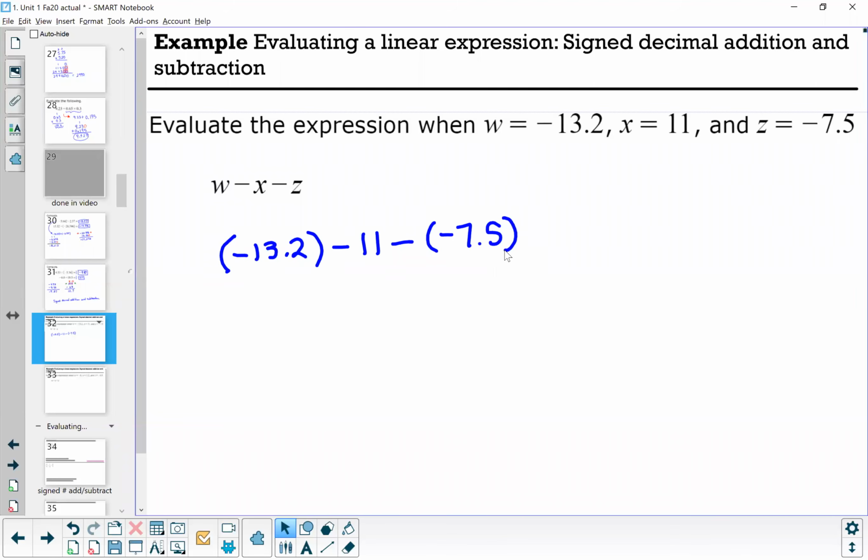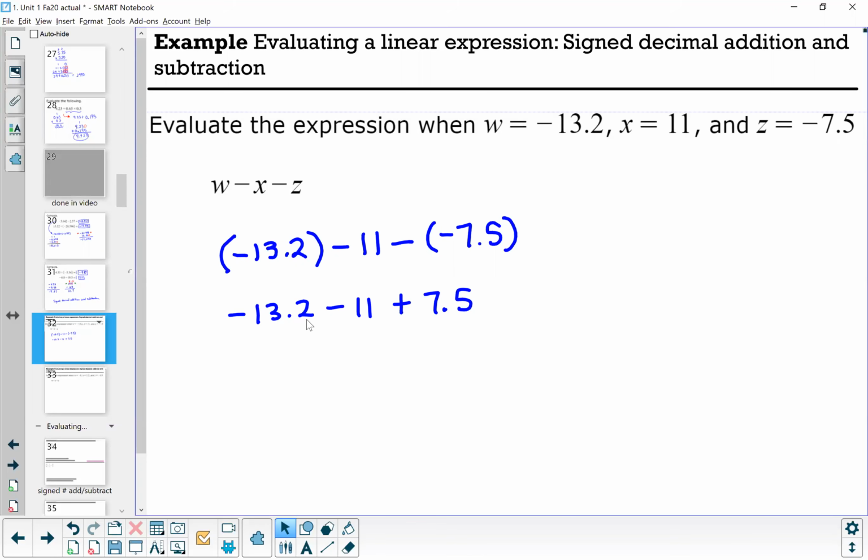All right, so we have negative 13.2 minus 11, and then minus a negative, which becomes plus 7.5. Okay, so now I can see here minus 13.2 minus 11.